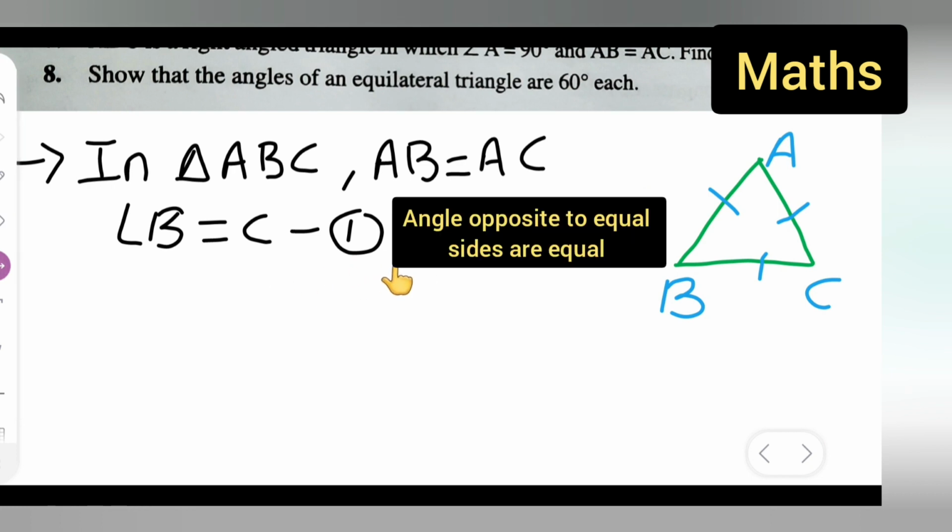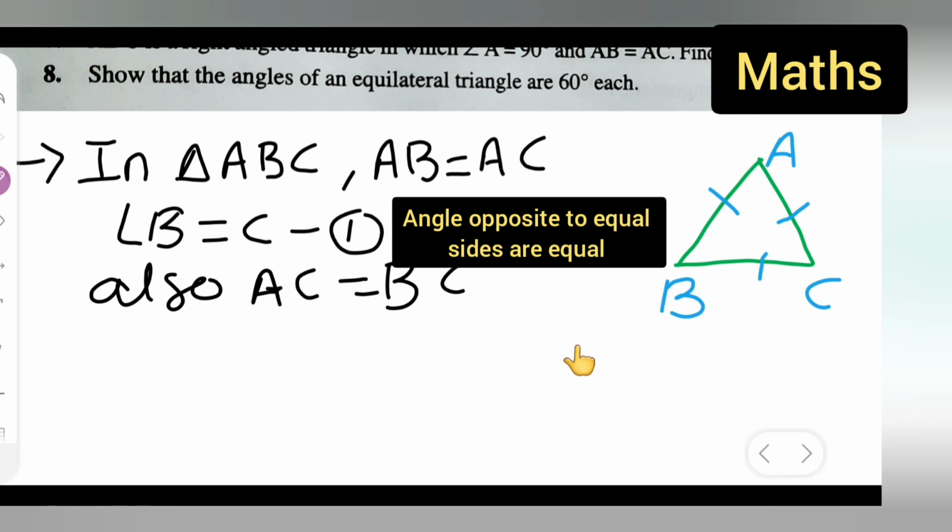Next, let us see. Also, these two sides are equal. Since all sides are equal, I can say that AC is also equal to BC. So from this, angle A is equal to angle B, right?